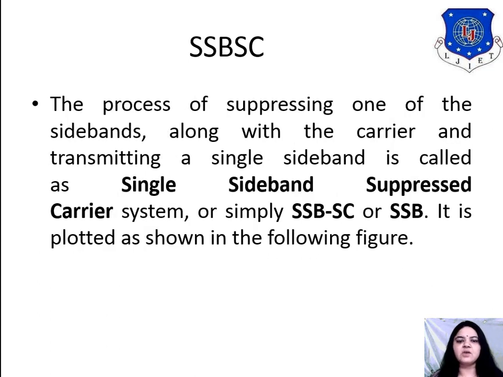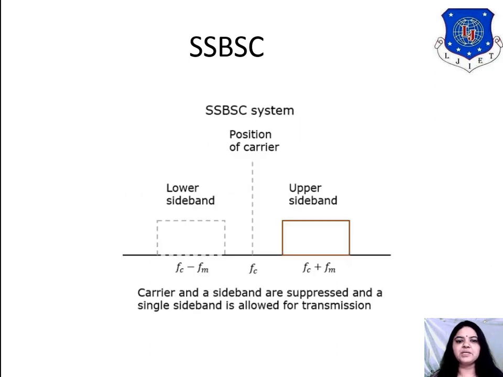The process of suppressing one of the sidebands along with the carrier and transmitting a single sideband is called single sideband suppressed carrier system, or simply SSBSC or SSB. This is the amplitude spectrum for the SSBSC.